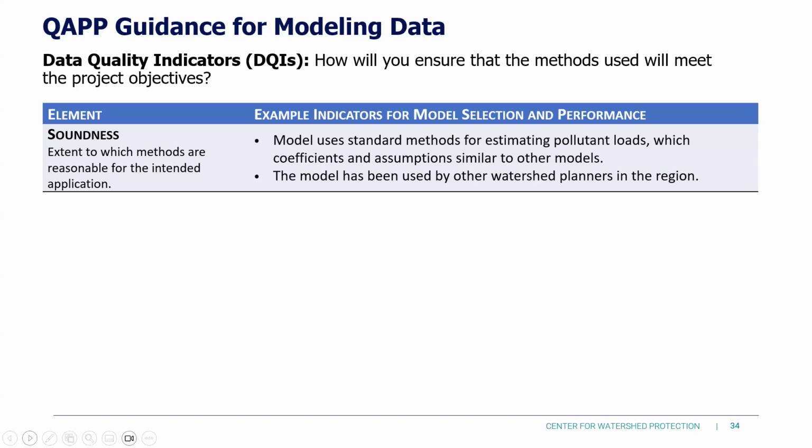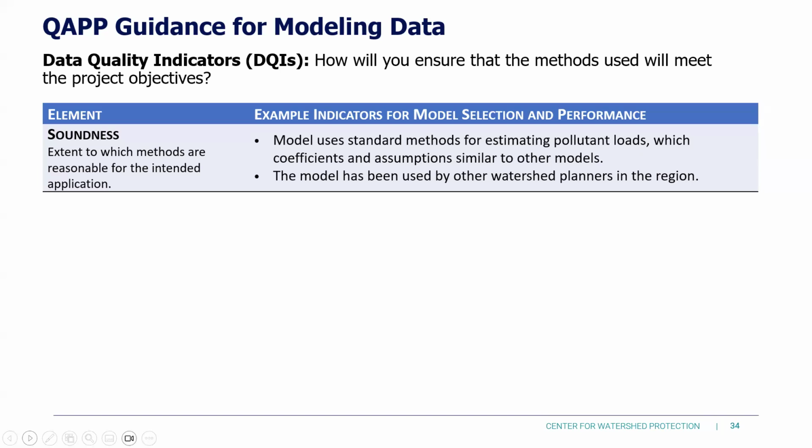The other thing too is that for the data quality indicators, I'm specifically talking about model selection and performance. So for soundness, what would that look like? Soundness is: are the methods reasonable for what you're trying to do for the intended application?